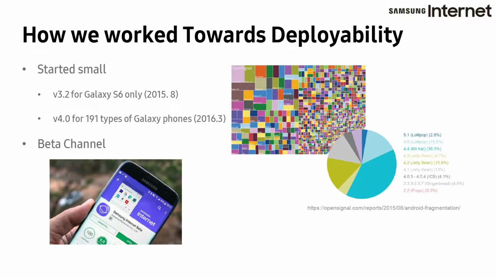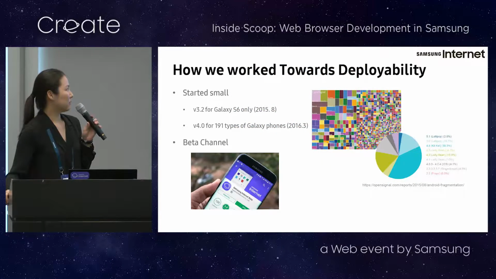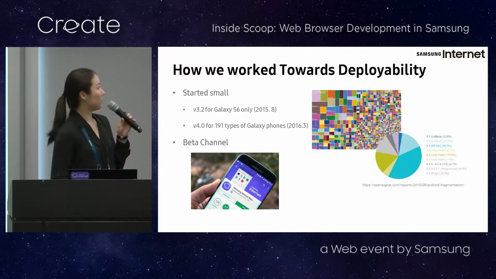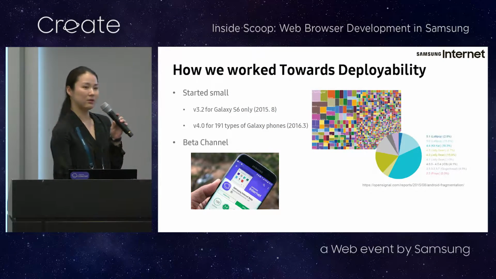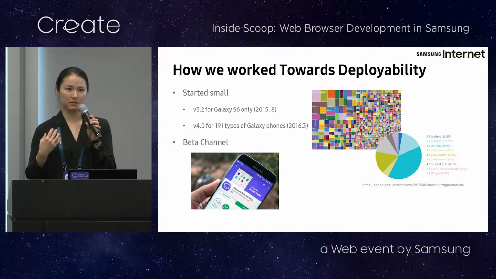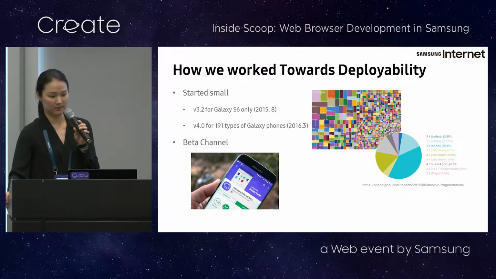And as you can see, this is also a little old, but if you just shift it up to Android O, the graph will probably look similar. As you all know, there's a fragmentation problem in Android. So there were already all these devices out there, but there was no way for us to test our browser on all of these devices.